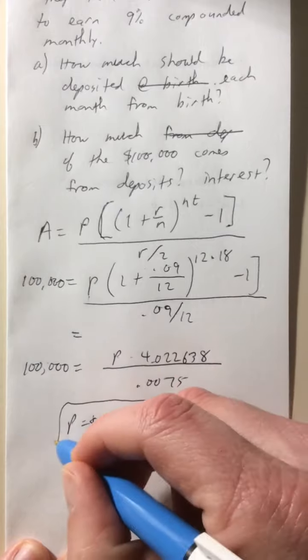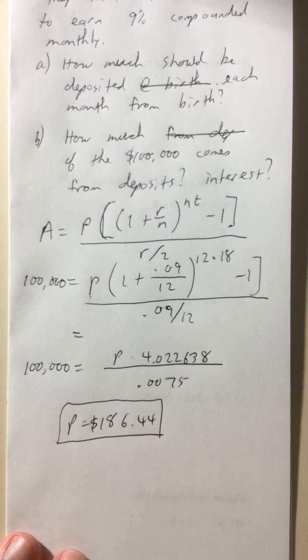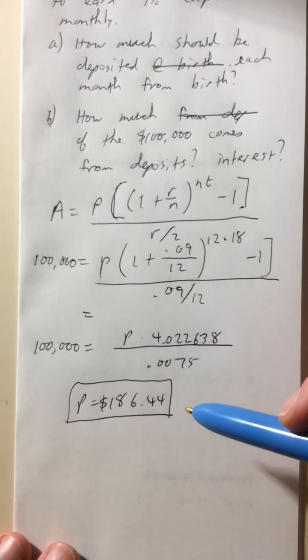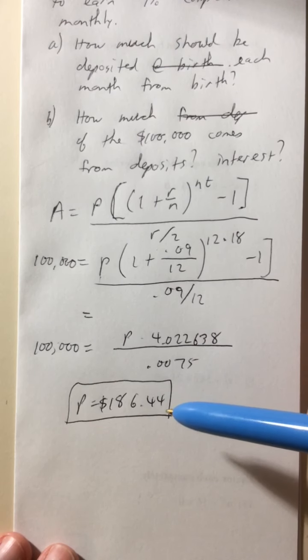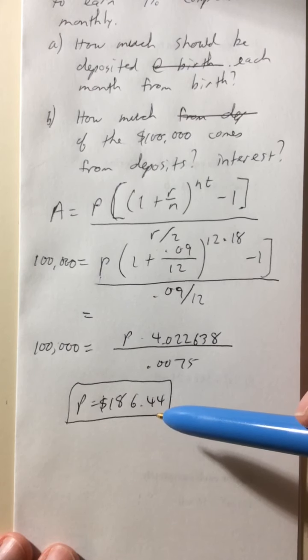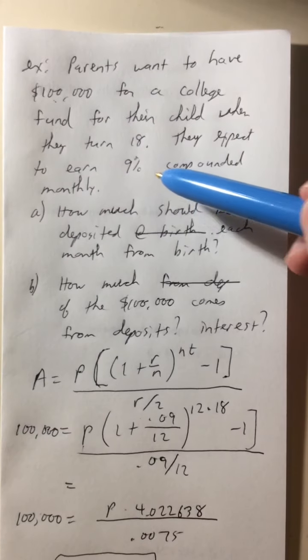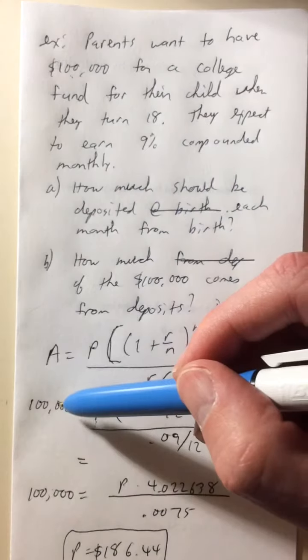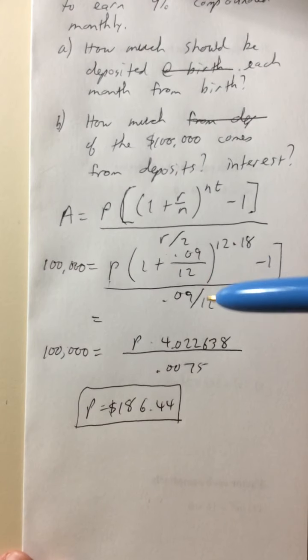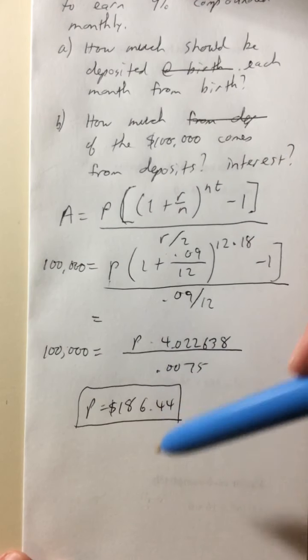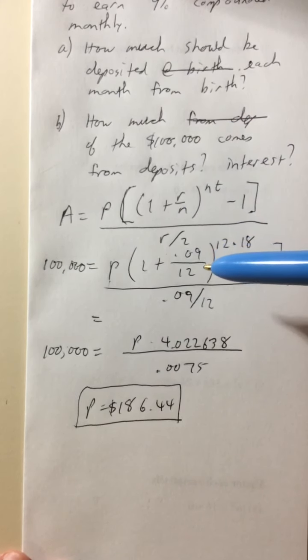So if a child was born today, 18 years from now, if $186.44 was deposited every month for 18 years, at 9% interest, there would be $100,000 left at the end. And again, you can do the same kind of calculation here with your retirement.